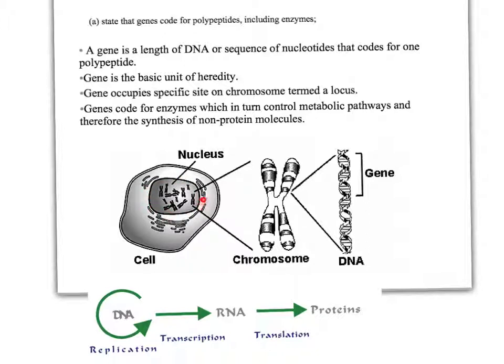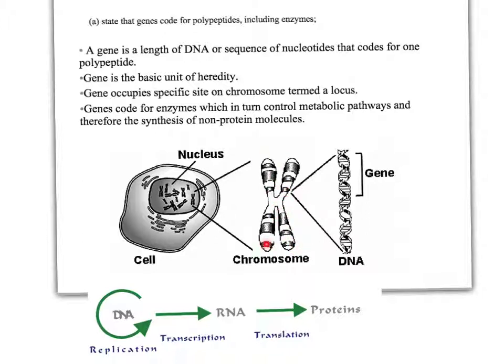Cells just prior to dividing, this is eukaryotic cells, the DNA or chromatin as it's known, condenses and forms up into these visible structures which we know as chromosomes. And here is a chromosome, with its two constituent chromatids.